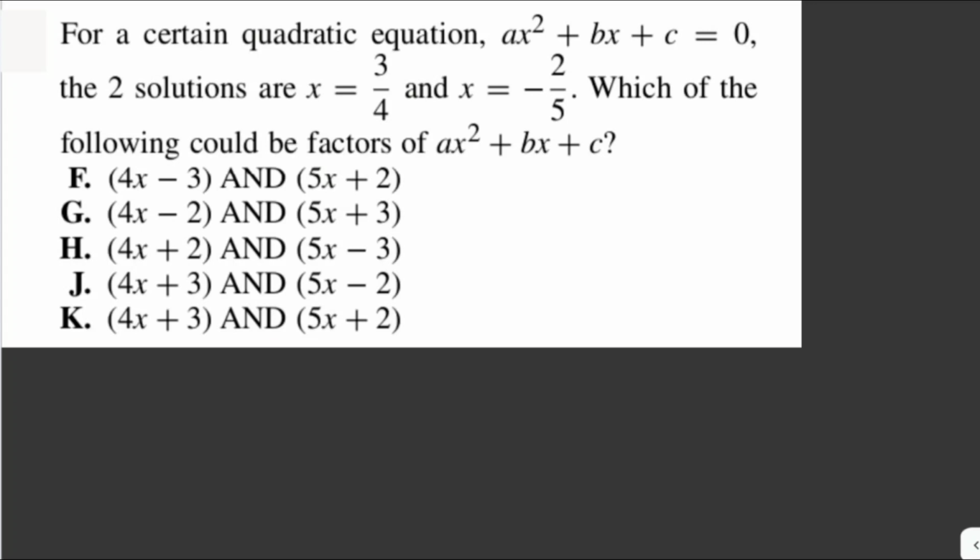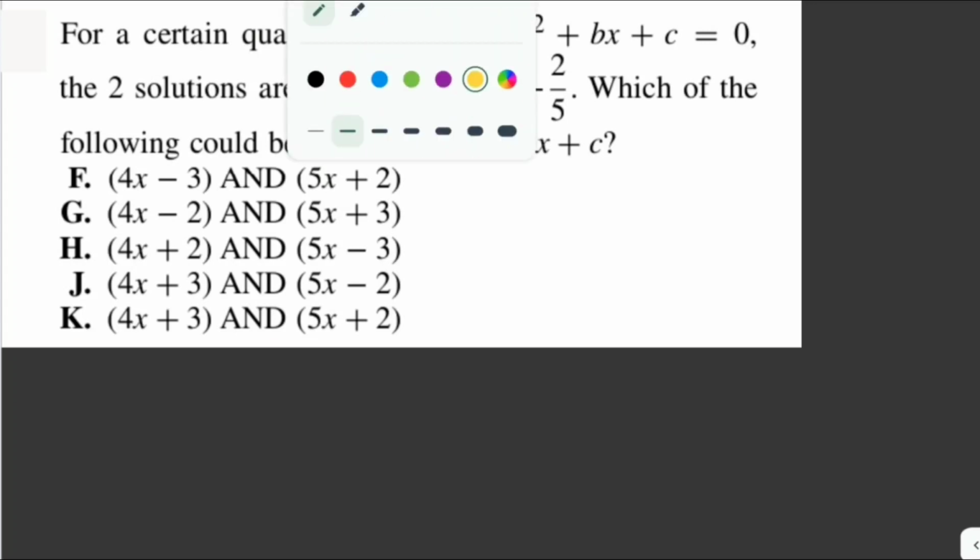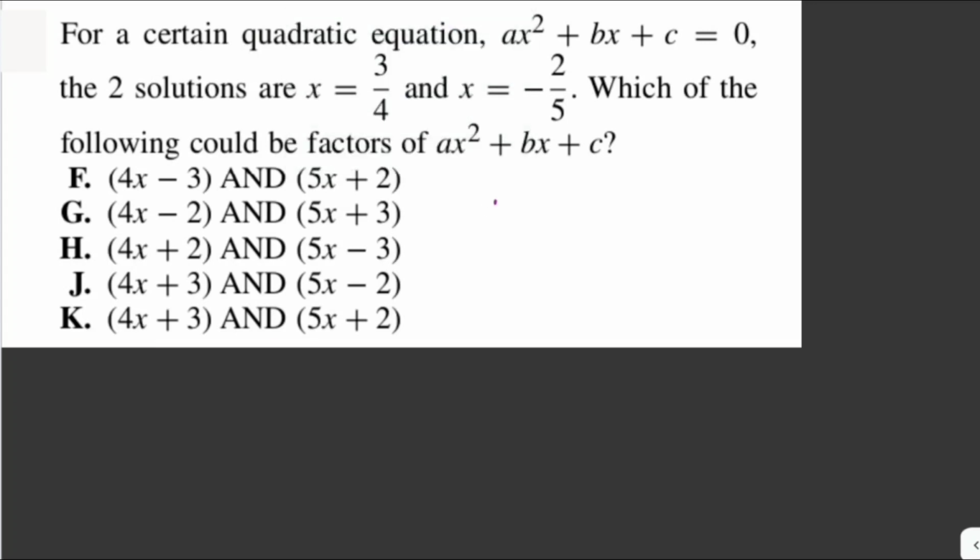For a certain quadratic equation, if the solution is x equals a over b, then it's possible that the factor would be bx minus a.